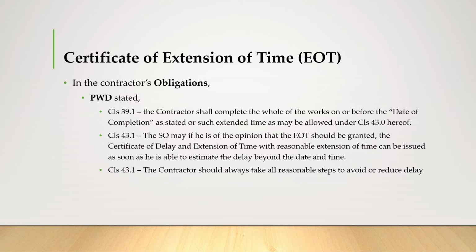In clause 43.1, the SO may, if he is of the opinion that the EOT should be granted, issue the certificate of delay and extension of time with a reasonable extension of time as soon as he is able to estimate the delay beyond the date of completion. Also in clause 43.1, the contractor should always take all reasonable steps to avoid or reduce the delay.